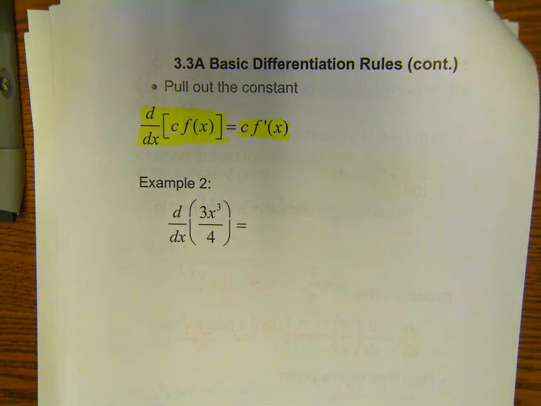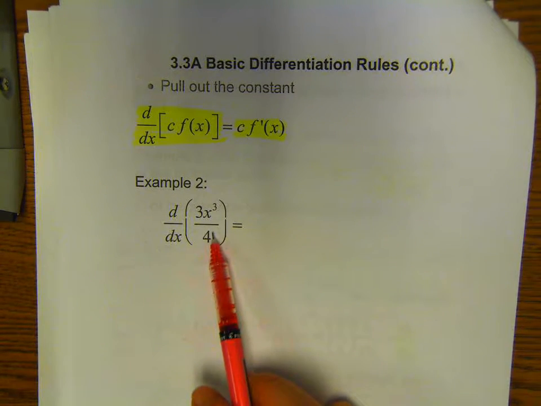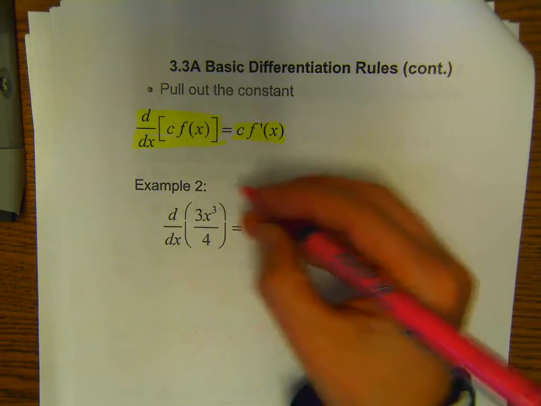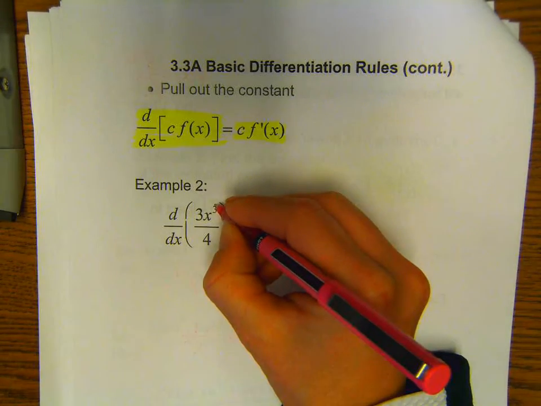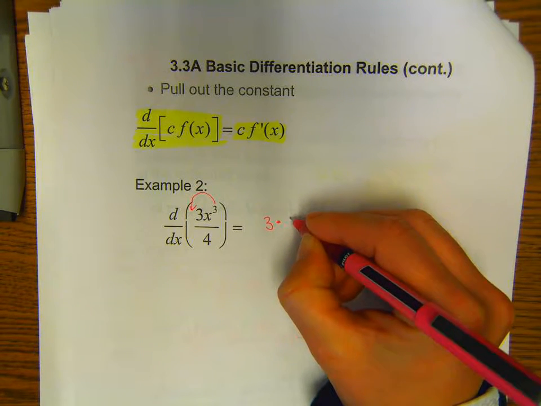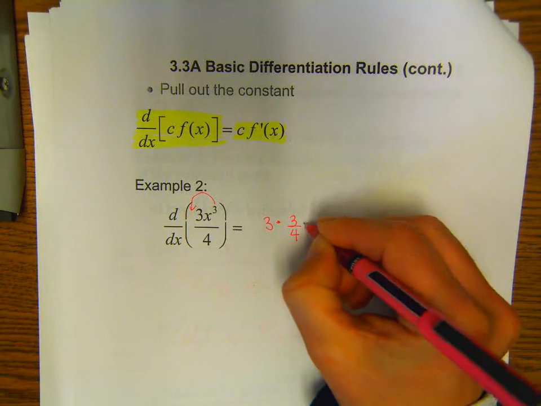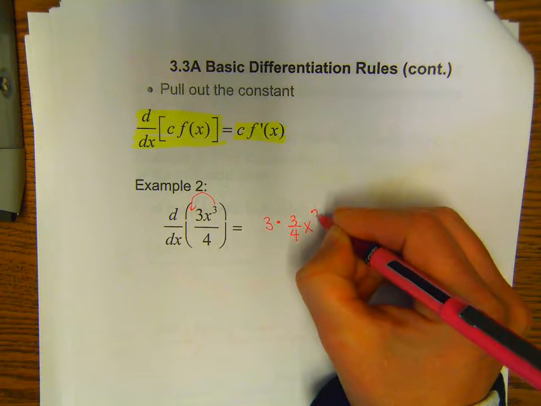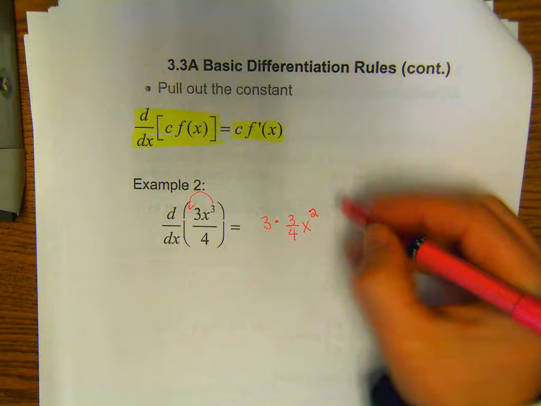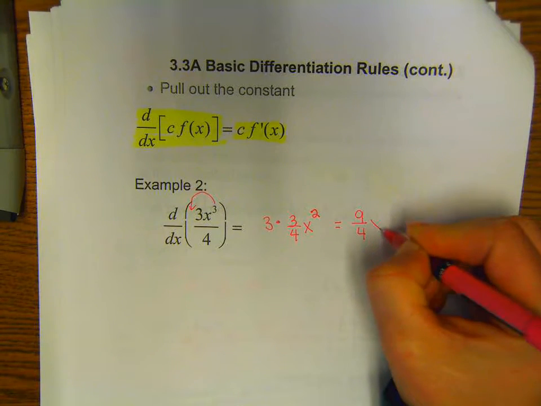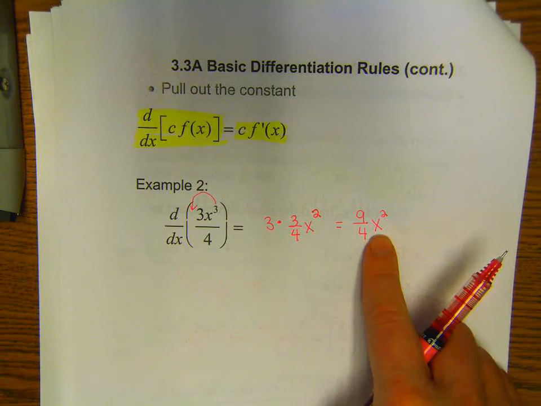Okay. So for example, in this one, we're going to leave that 3/4 in there and use the power rule. So if I pulled that 3 down to the front, it would be 3 times 3/4 x to the second. And then let's simplify it. That would be 9/4 x to the second.